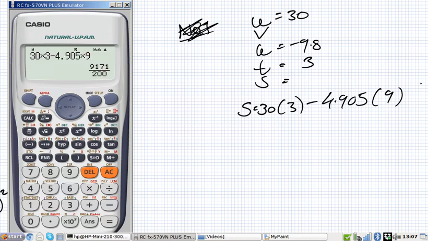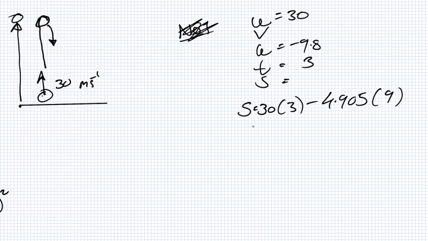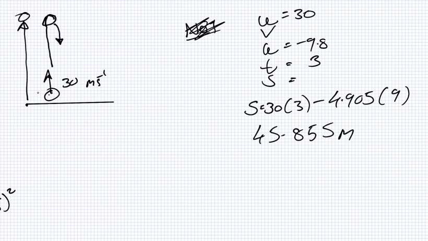So that S comes in as smaller, 45.855 meters. And a moment ago we had to the maximum 45.87 meters. So the ball fell a little bit after the 3 second mark, because this number here is smaller than this.